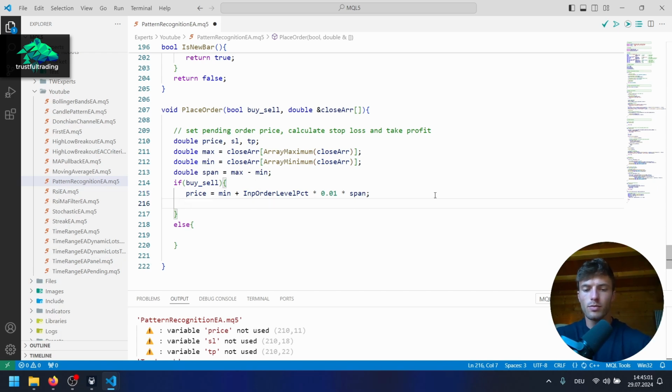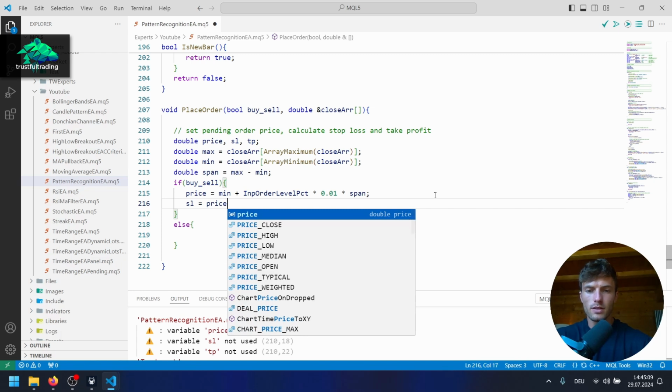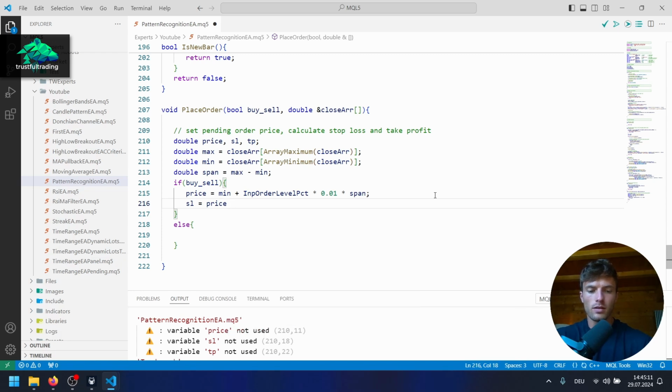And in the next step, we calculate the stop loss. So this is equal, and we calculate this from the price level now, price, and we subtract our input stop loss in percent, multiply this by 0.01, and that's it for the stop loss.